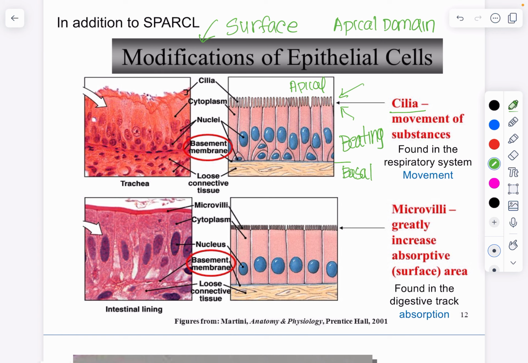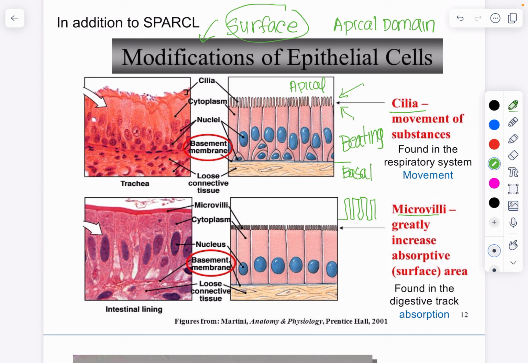Okay. The second surface modification that you can find on an epithelial cell is called microvilli. These are actually part of the membrane. They're not a separate structure. So if we were just to draw it simply, this is what you would see. It's an extension of the surface membrane.